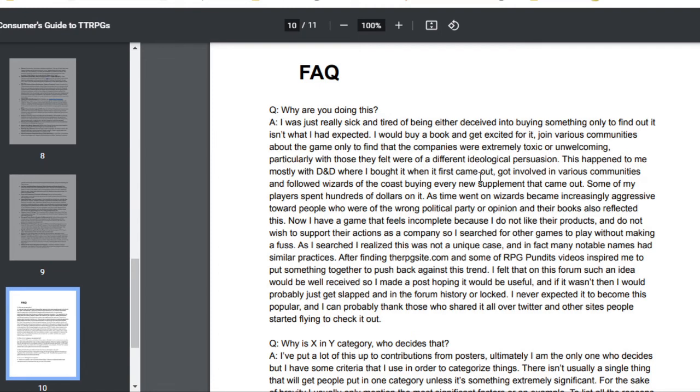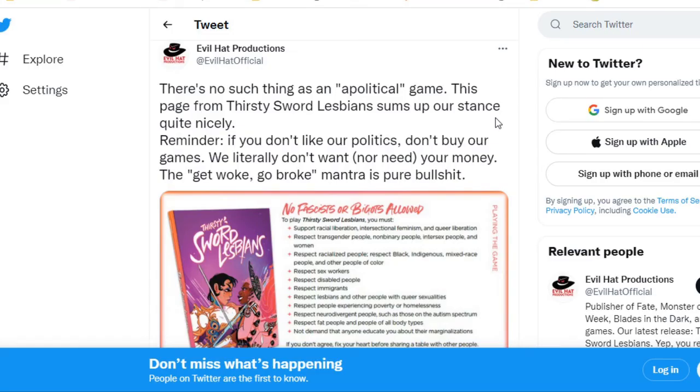And then at the very opposite end, you have people that aren't necessarily trying to make it available to everyone, but they're not really hiding it either. We have a recent post by Evil Hat Productions that you may have seen saying that there's no such thing as a political game and then put forth a lot of their politics.